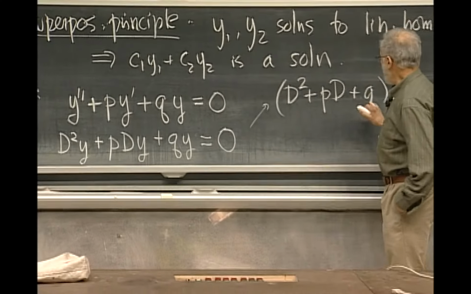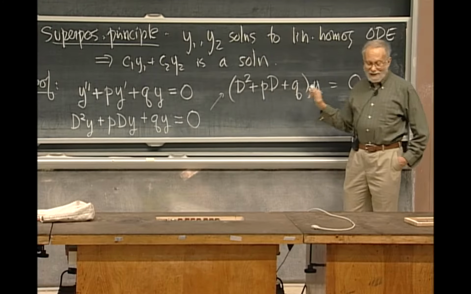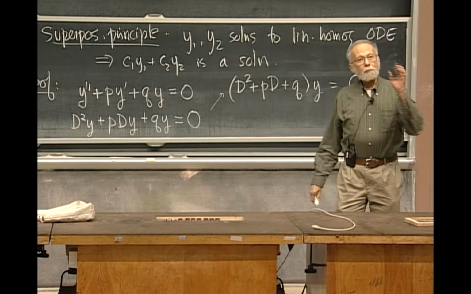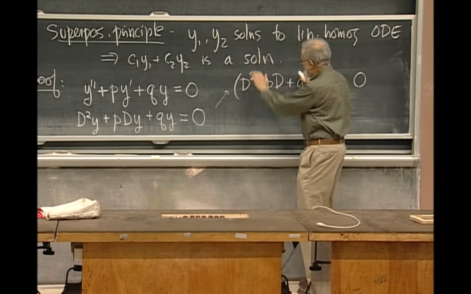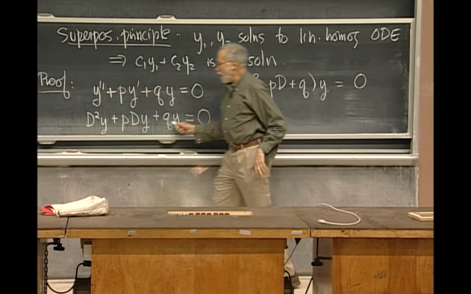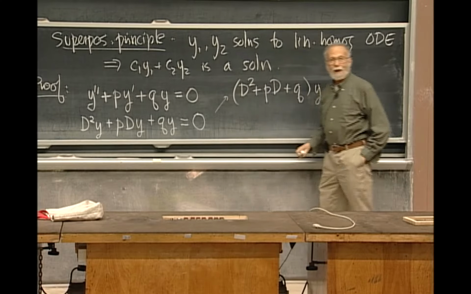I'm multiplying q times y, but I'm not multiplying D times y. I'm applying D to y. Nonetheless, the notation is very suggestive of that, and this in turn implies that. That's what I'm just transforming.